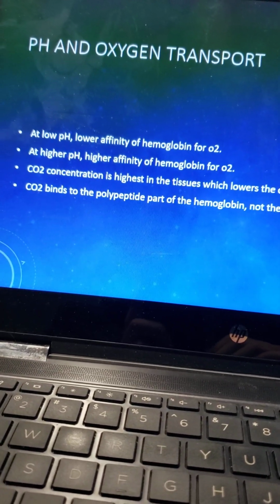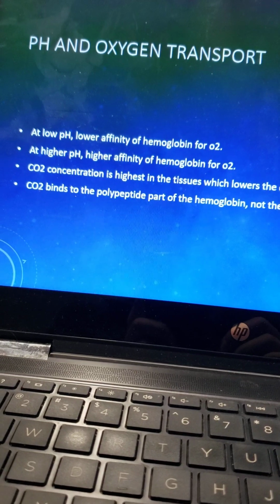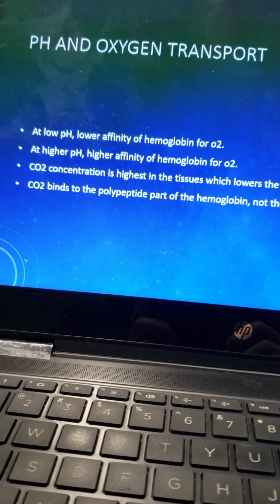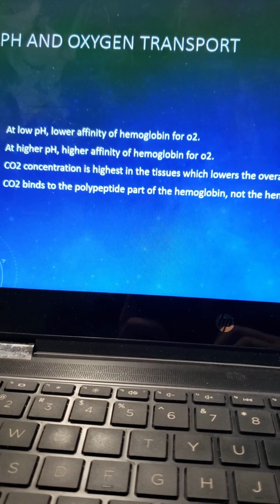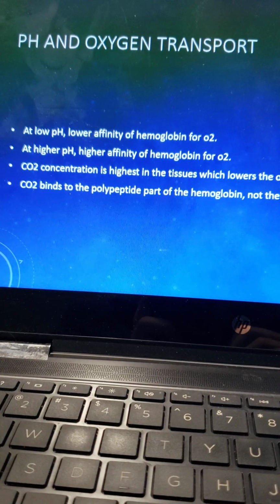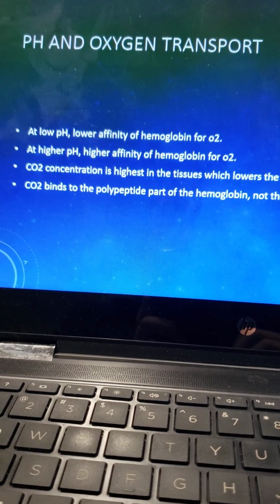And then we're going to go over pH and oxygen transport. At lower pHs, there's a lower affinity of hemoglobin for oxygen. At higher pHs, there's a higher affinity of hemoglobin for oxygen.